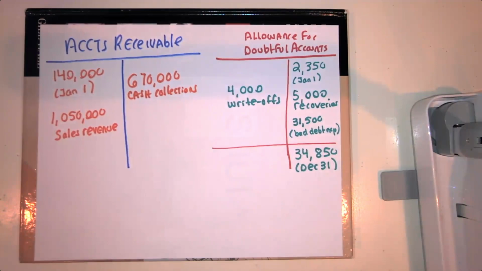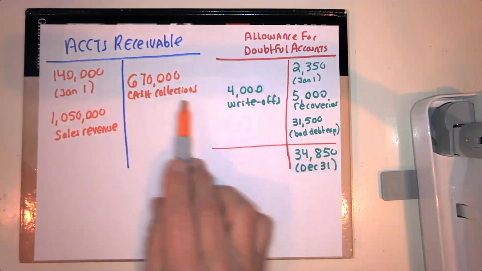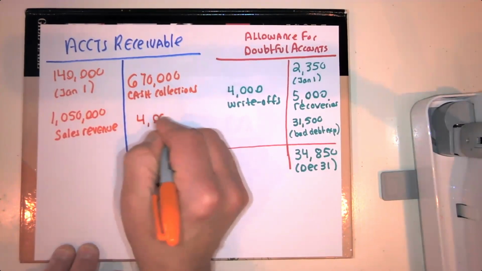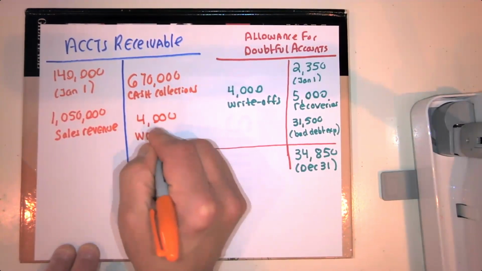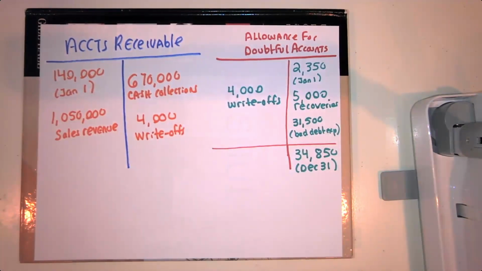But there's one thing that's new to us this week that if you're going to mess this up, it's probably going to be right here. The other decrease to your accounts receivable comes from a write-off. So a write-off is a decrease to the allowance, and it is also a decrease to your accounts receivable. So I do need to put the 4,000 of write-offs on the credit side of the account.